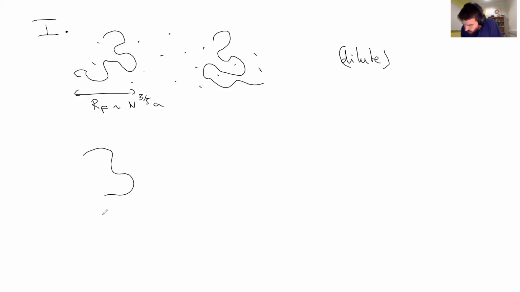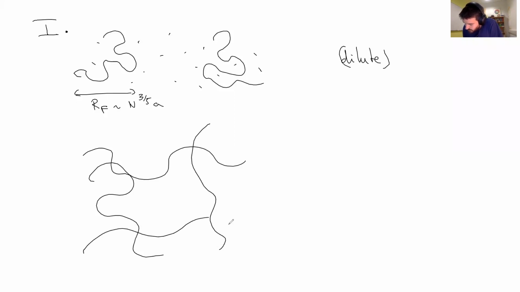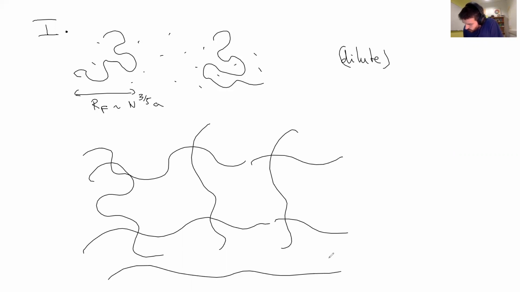And in the semi-dilute situation, typically what you have is plenty of chains that start to fill each other, right? So let me just draw a typical network that it will resemble. This is the semi-dilute situation, okay? Of course, there is solvent everywhere.